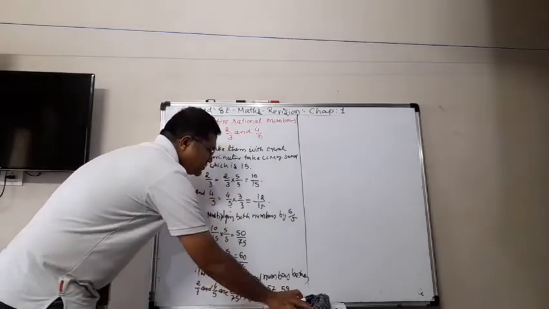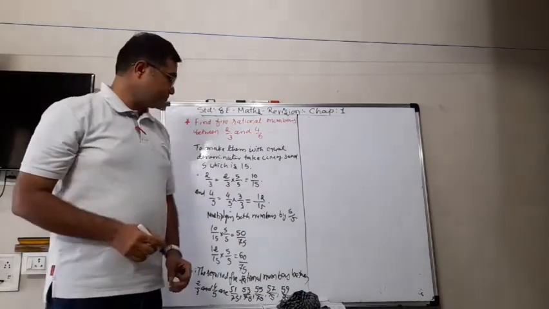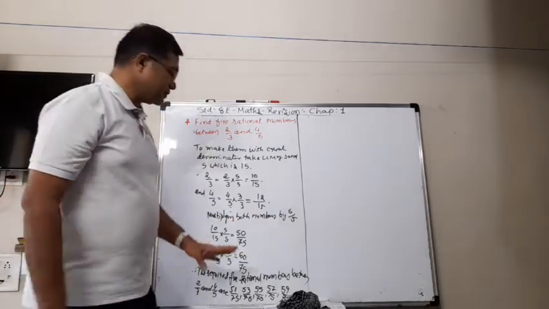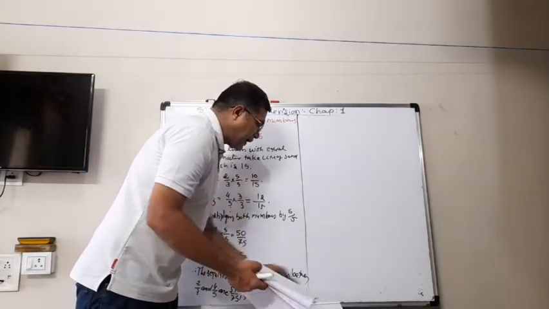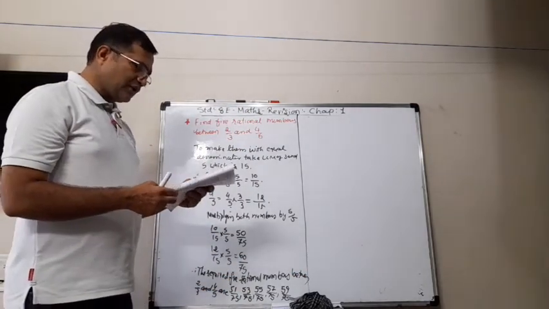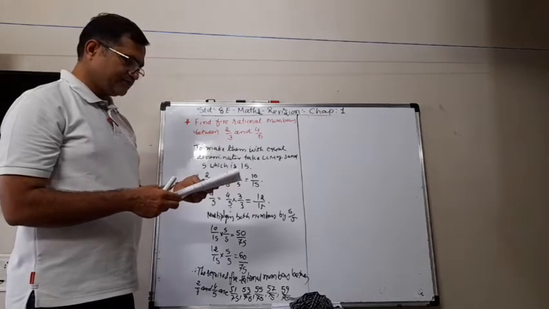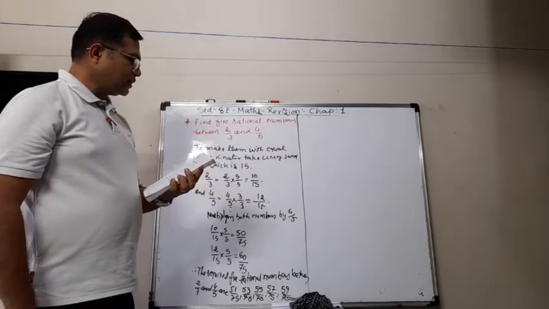Means it must be between those two numbers, 50 and 60. So there are enough rational numbers. By this way you can find any desired rational numbers that are given to us.